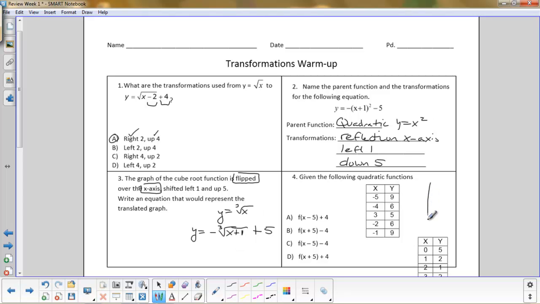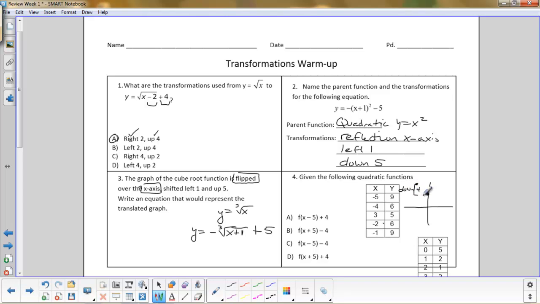Number 4, what I like to do is I like to graph the points in each table and see how they translate to each other. So negative 5, 9 is here. And in the second table, 0, 5 is here. That means from moving from this point down in line with this point is down 4 units.